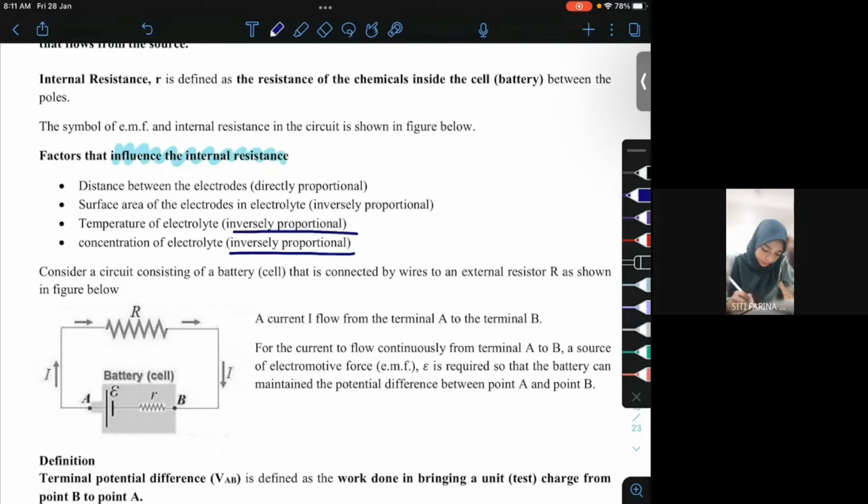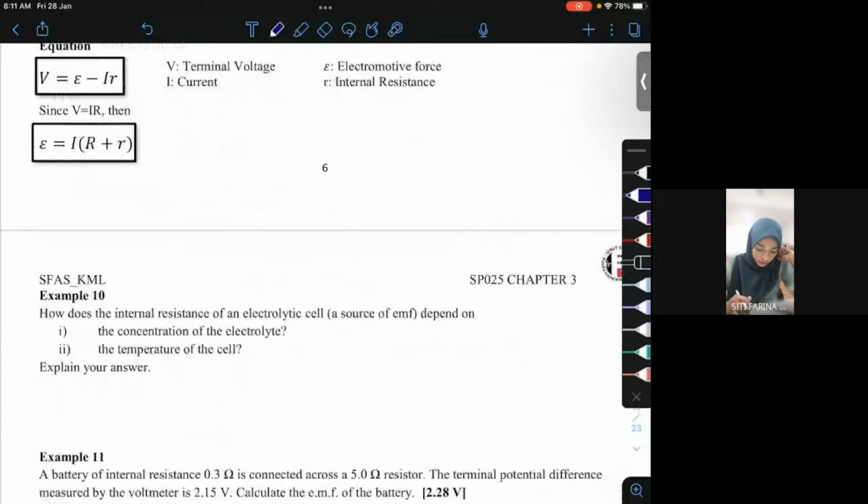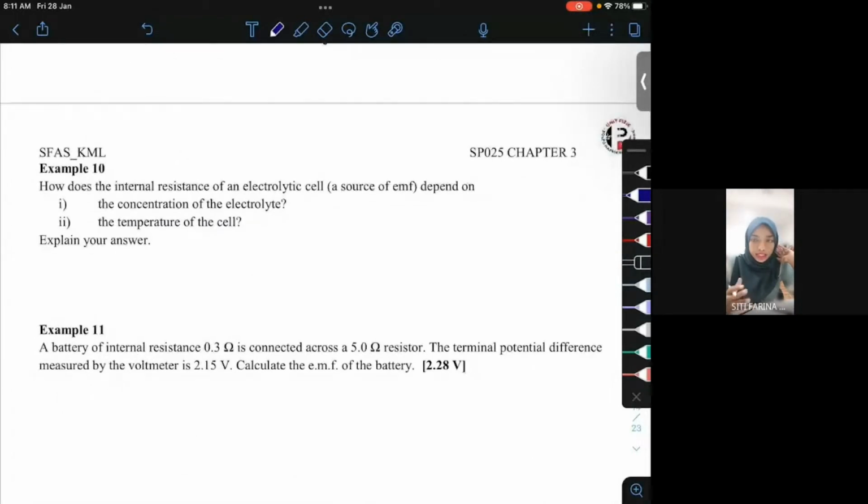Right? So jawapan dia kita akan cakap dari segi what will happen to the internal resistance when the given factor increase ataupun decrease lah. Kita nak tunjuk dia punya relationship dekat situ by stating they are inversely proportional.